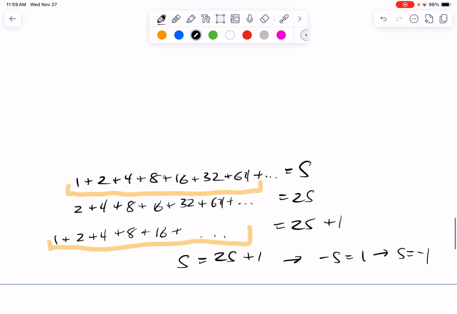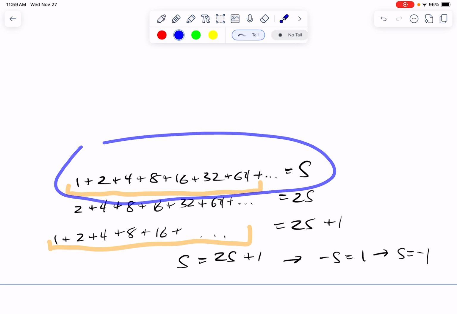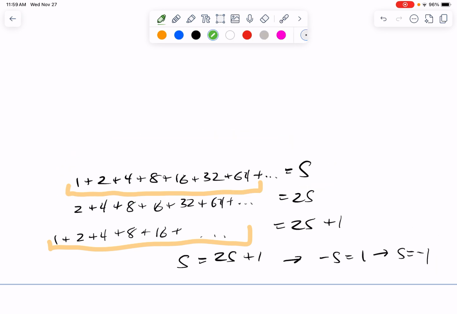This is clearly absurd because we attempted to solve for something that didn't exist in the first place. So when you do that, you may get ridiculous answers. Only try to solve for things after you're sure they actually exist.